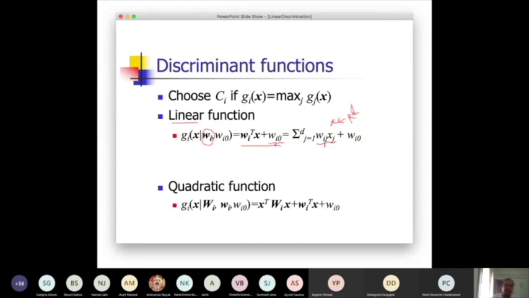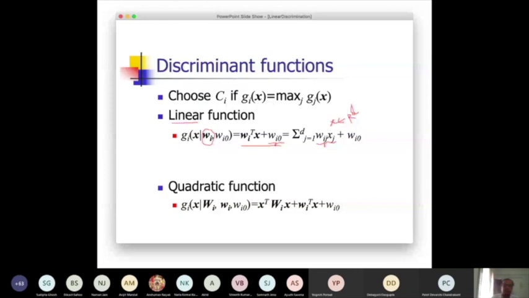Another very popular form is the quadratic form, where you have more parameters, because in a quadratic function you have all possible combinations of pairs of attributes, the product of a pair of attributes also becomes a term, and the coefficient of that term is required to be mentioned. So the form of the quadratic function is expressed in this fashion.